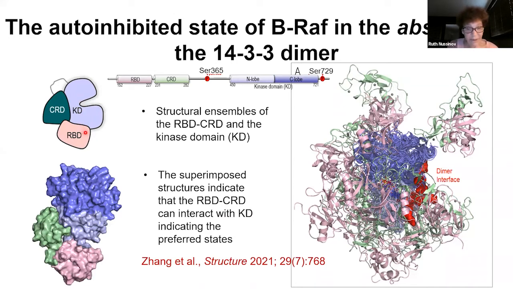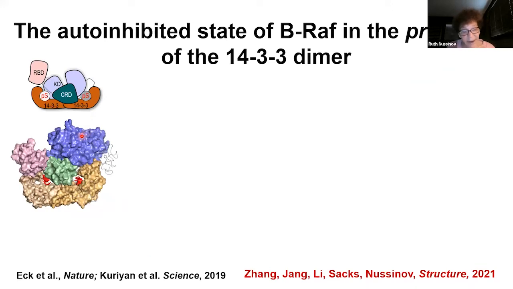As we were simulating it, the cryo-EM structure of B-Raf was published by two groups, Michael Eck from Harvard and John Kurian. We started from their structures. The RBD was not there. There was some electron density, however, it was too flexible and sampled too much of the space.